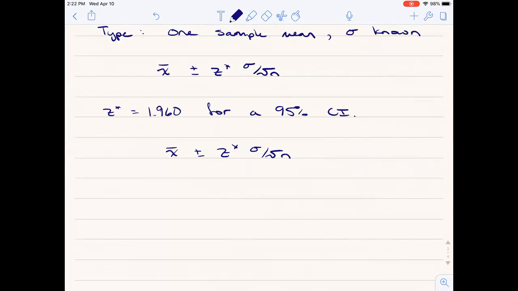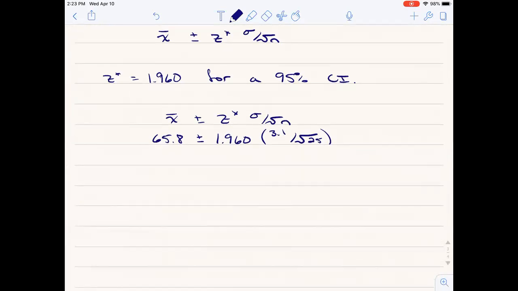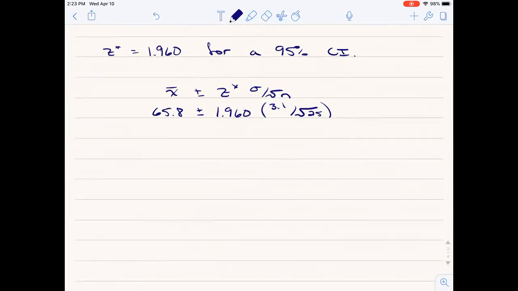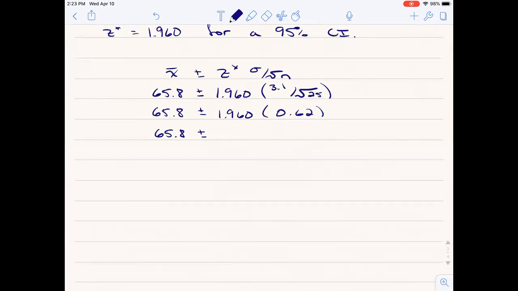Here, 65.8 plus minus 1.960 times sigma, which was 3.1, divided by the square root of 25. I'll show my work briefly here. So 65.8 plus minus 1.96 times 3.1 over root 25 is 1.2152.